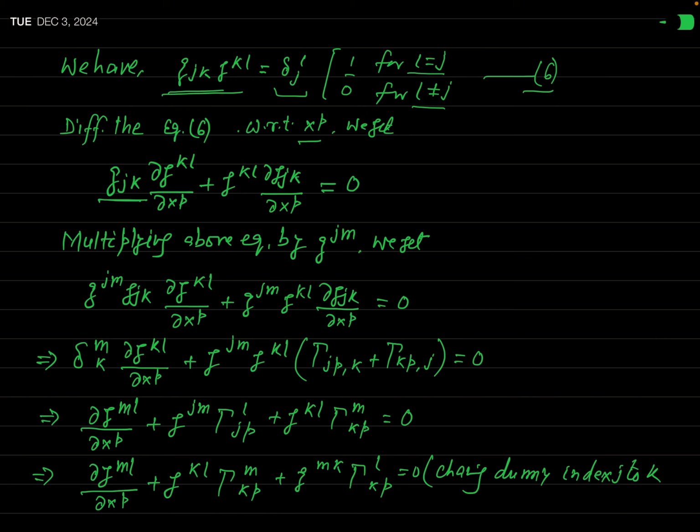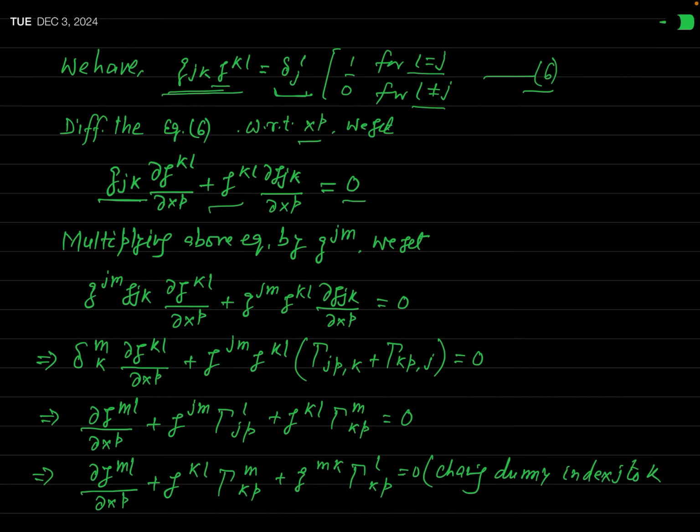So the first term is G jk times del G kl by del xp, and plus, now we will keep the second factor as it is, which has been written here, and we will differentiate this G jk with respect to xp. But as this Kronecker delta Lj has a specific value, either 1 or 0, it is simply constant. And the derivative of a constant will be 0, so in the RHS you will have to take 0.